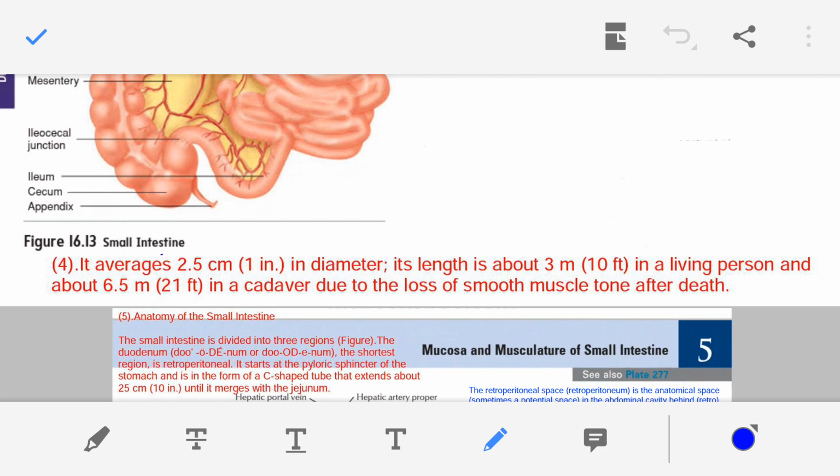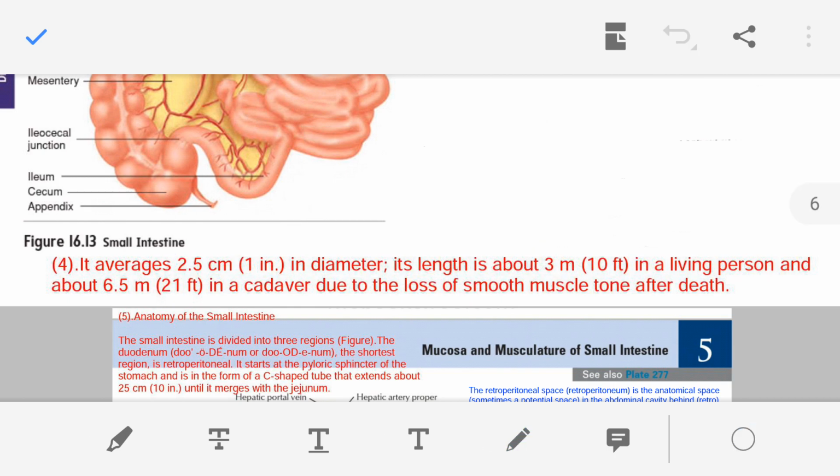So the diameter of the small intestine is 2.5 centimeter, that is 1 inch, and the length of the small intestine is 10 feet. That means 3 meter is the length of the small intestine in a living person.